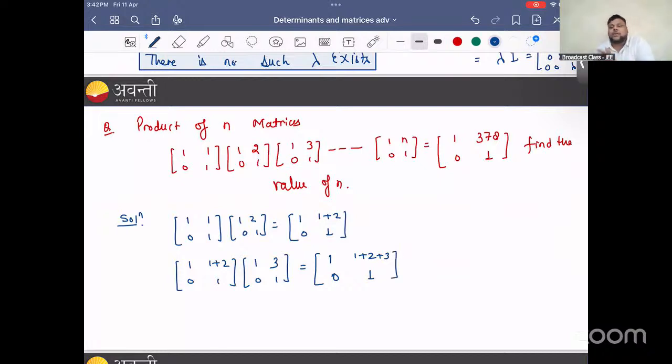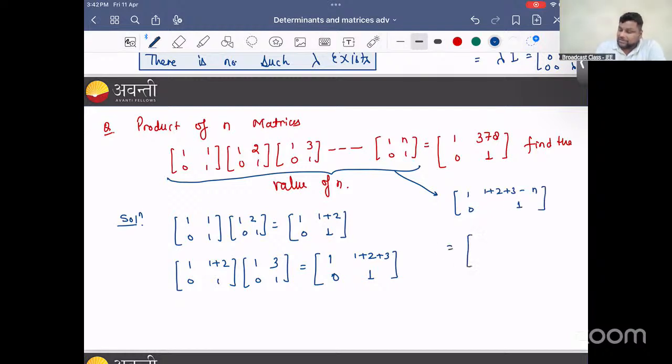So this is how the 1, 2 entry is getting added. That means the entire product will be 1, 1 plus 2 plus 3 up to n, 0, 1. This summation I know, this is n into n plus 1 by 2, so the matrix is 1, n into n plus 1 by 2, 0, 1.